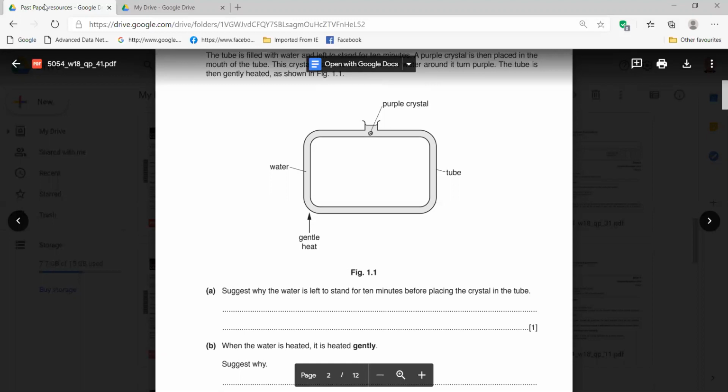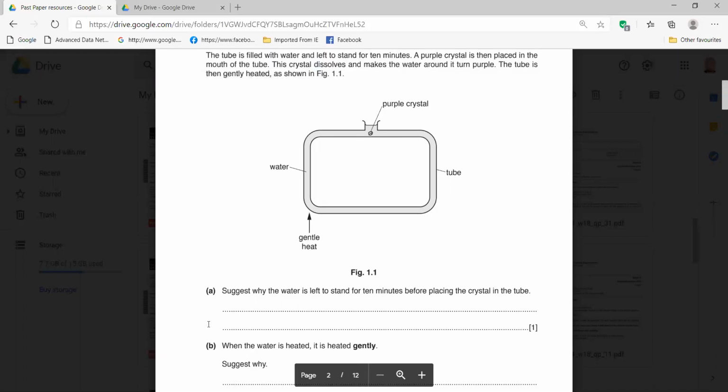Whatever Kazi said, I just extended. He gave us the idea, and from that idea we extended, right? Then if some water is coming out, then what will happen? Your purple crystal might also come out, or some part of purple color will come out, right? Isn't it? Yes, sir.